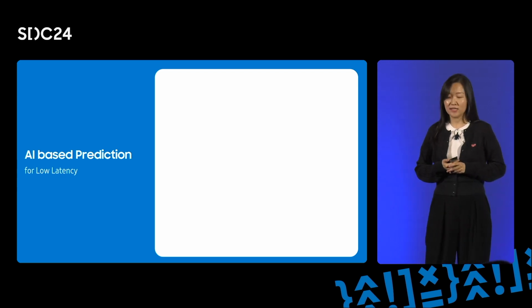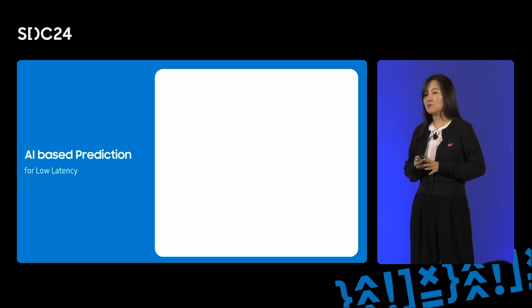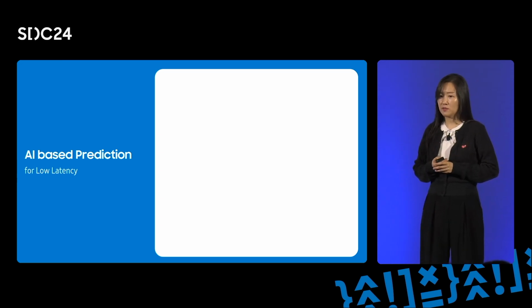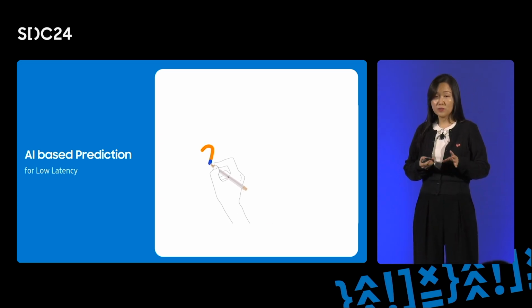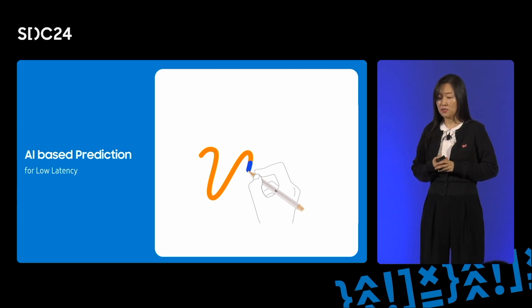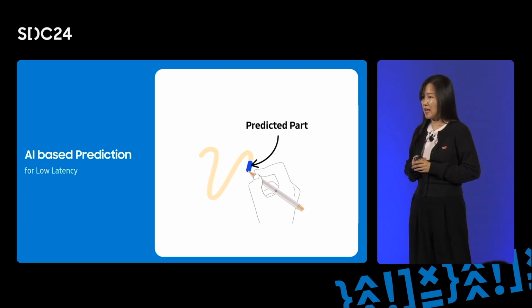Second, low latency. Real-time responsiveness is crucial for a natural drawing experience. To minimize hardware overhead when processing pen events, predicting future events is essential.